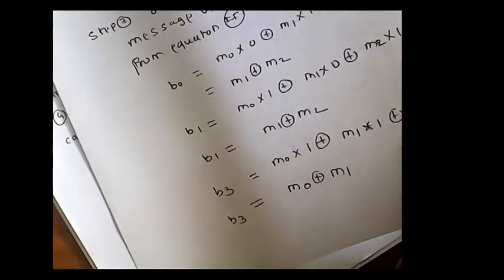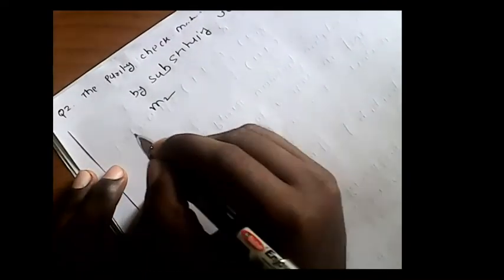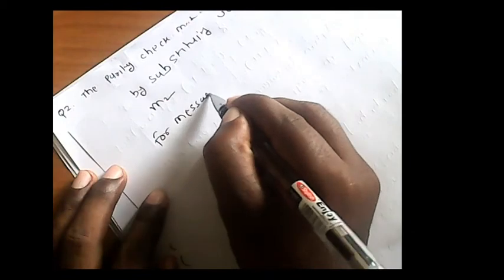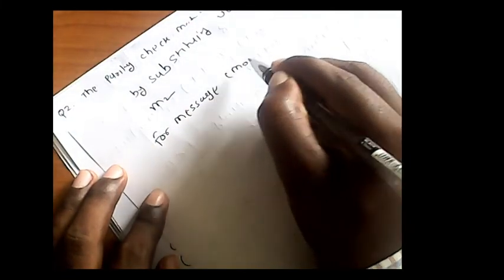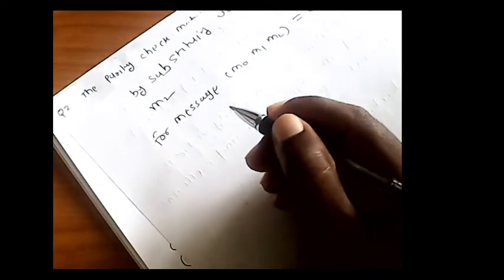By substituting the values of M0, M1 and M2 in these equations, for example, for message M0, M1, M2 is equal to, we find out all possible combinations in step 1, 0, 0.